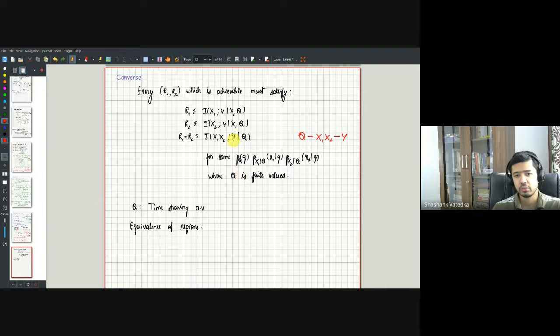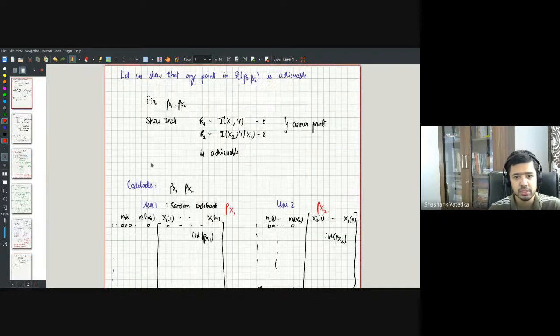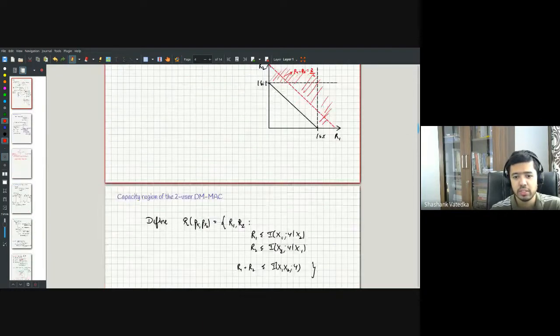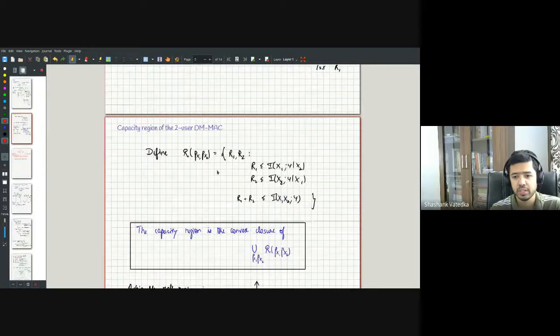So every rate pair which is achievable must necessarily satisfy this. And the claim is that this essentially corresponds to the same rate region which was described over here.